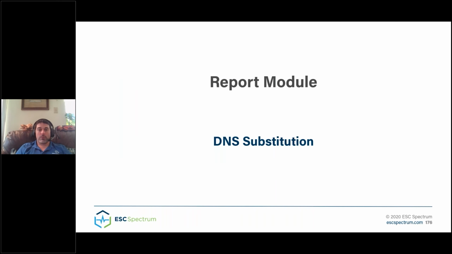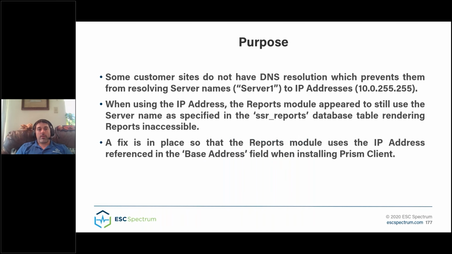All right, reports module, DNS substitution. Some customer sites don't have DNS resolution, which prevents them from resolving server names. In other words, some places you don't have to type in 10.0.255.255. You would just type in server 1 or whatever your server name would be, and DNS resolution would know how to map that to the IP addresses.